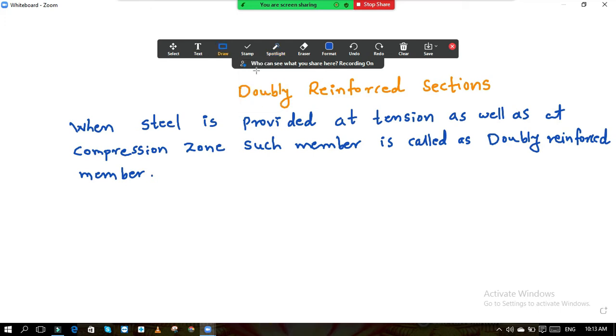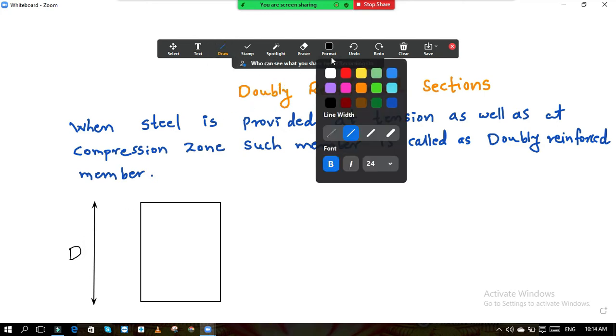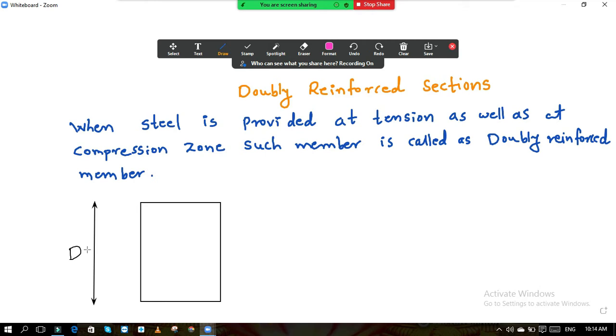Now, if I draw the diagram, suppose this is the cross section. This is the overall depth of the section, capital D. Then this is the neutral axis, or x-axis.